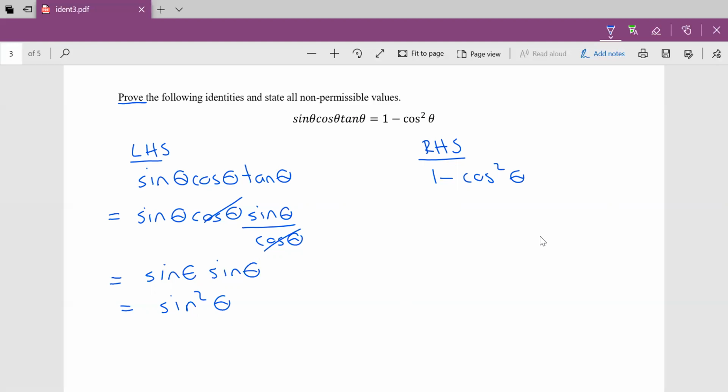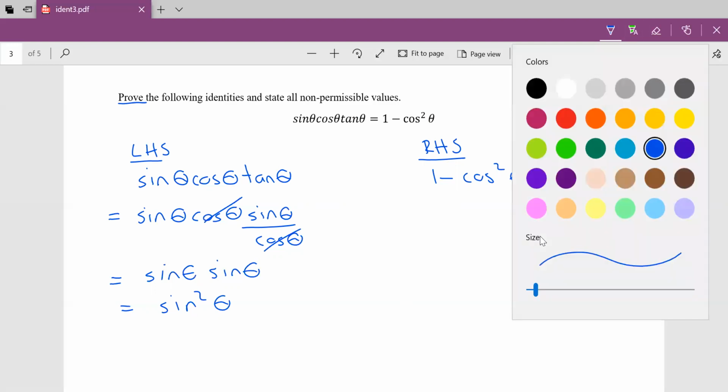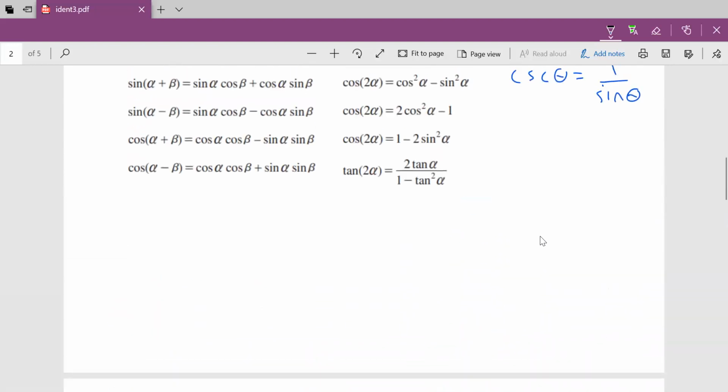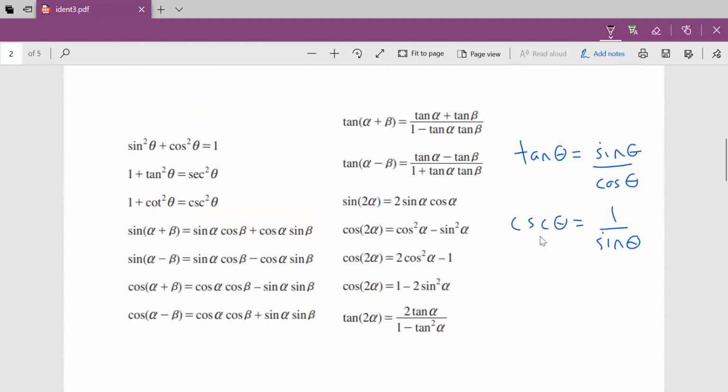What could I do? 1 minus cos squared. Well, when I start seeing 1 minus cos squareds, 1 minus anything squared flying around, I'm thinking to myself, is that an identity? 1 minus something squared. Okay, let's go back and look at our formula sheet. Well, I see a 1 and a cos squared there. What if I rearrange this?